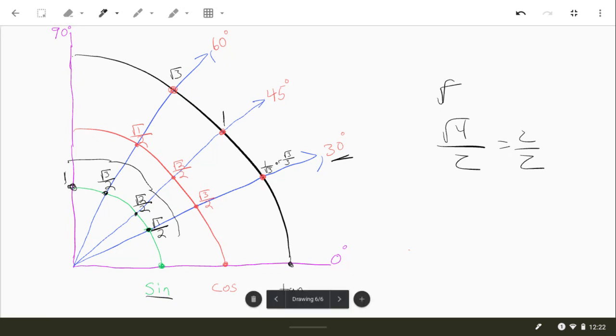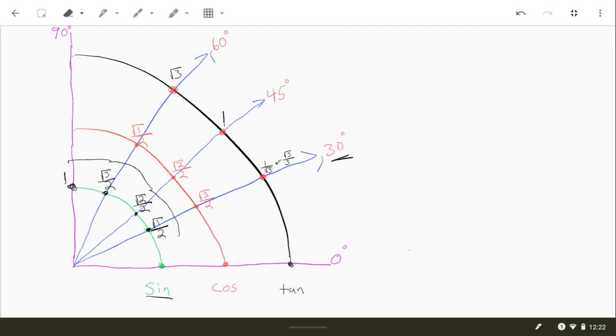All right. If you want to do sine of 0 degrees, you just do the same thing but count backwards. So you get root 4 over 2, 3, 2, 1. This one's going to be 0 degrees. Now, with cosine, it works the exact same, except it works backwards.